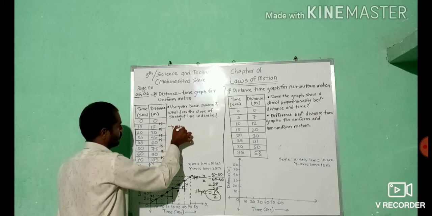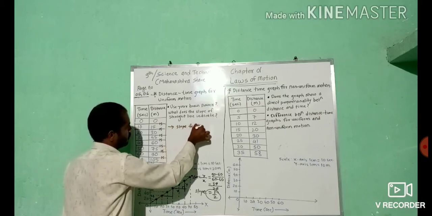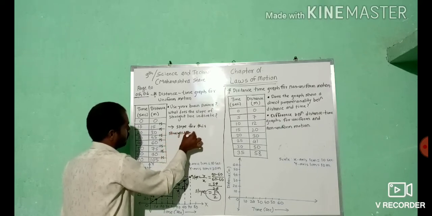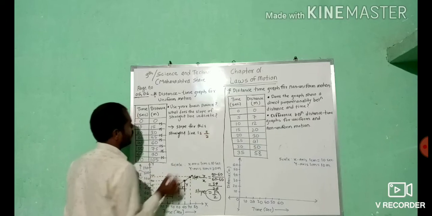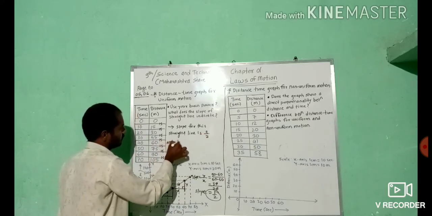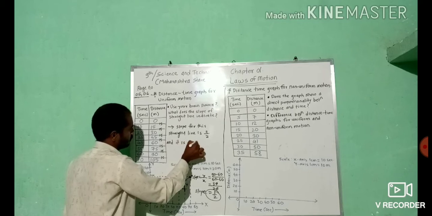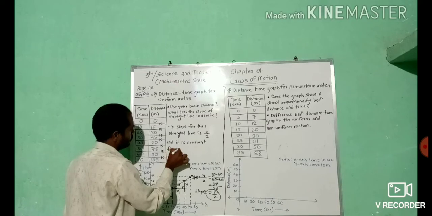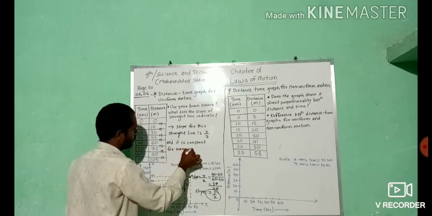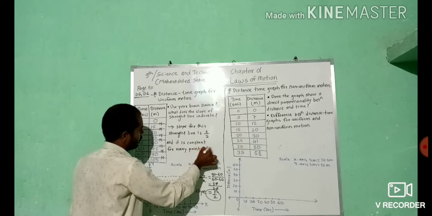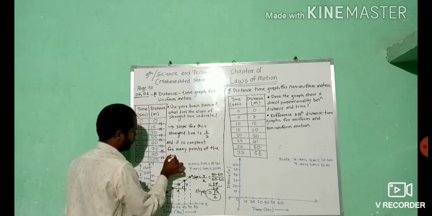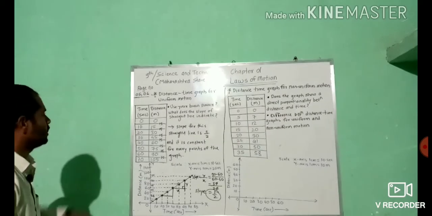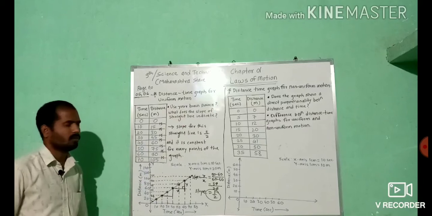The slope for this straight line is 3 by 2 and it is constant for every two points of the graph, okay. So that is the distance time graph for the uniform motion, okay.